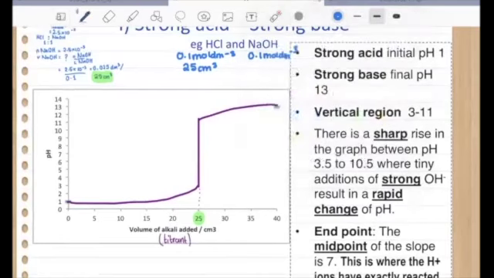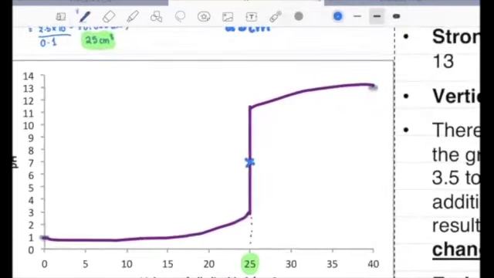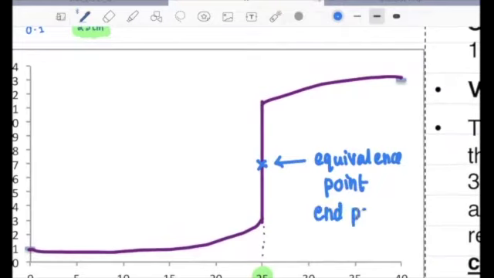So I'm trying my best to draw pH 7 there, and that would be the equivalence point or endpoint. The equivalence point is where your H plus equals OH minus, sometimes called the endpoint. Also called endpoint for your syllabus, that's fine, accepted.